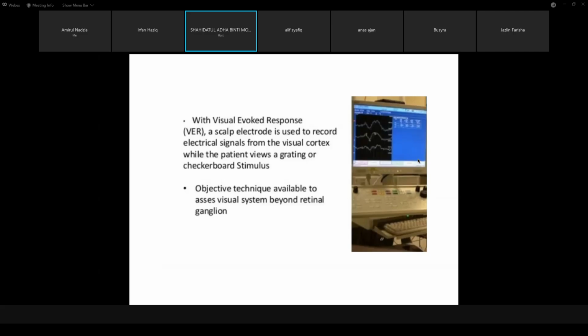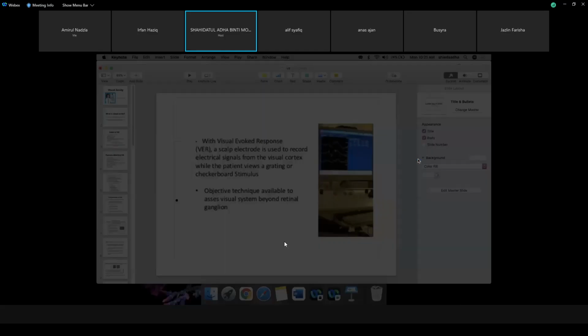We have CVI, not only CVA, cerebral vascular accident, we also have CVI, which is cerebral visual impairment. If a patient has CVI, we know the vision is not correctable. Whatever you do, whether giving glasses, cataract surgery or contact lenses, the vision will be the same because the impact is at the cerebral level.